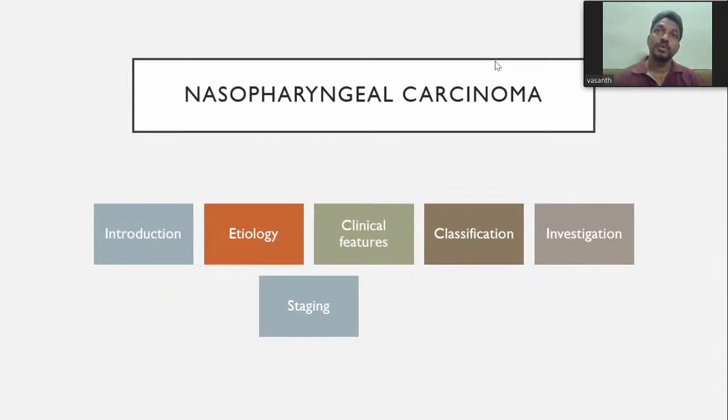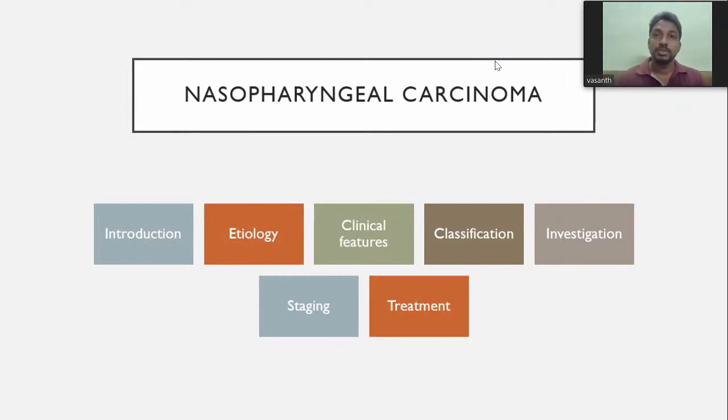How are we going to classify it? Classification: it is a keratinizing squamous cell carcinoma. Investigation: it is endoscopy, and then you do imaging to know the extent of the disease and the staging of the disease, and then treatment.